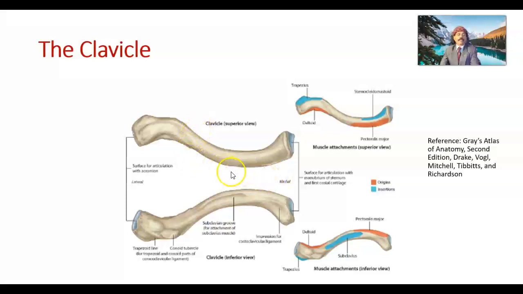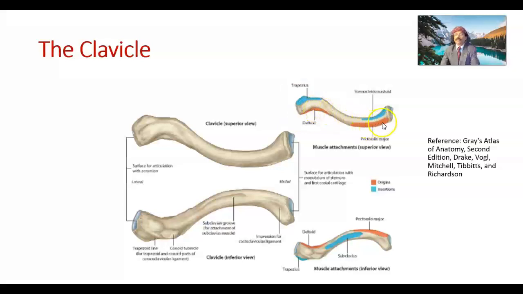This is the acromial end, this is the sternal end, and we have some important muscular attachments, like the trapezius insertion and the deltoid anteriorly on the lateral 1/3; posteriorly is the trapezius, anteriorly the deltoid.